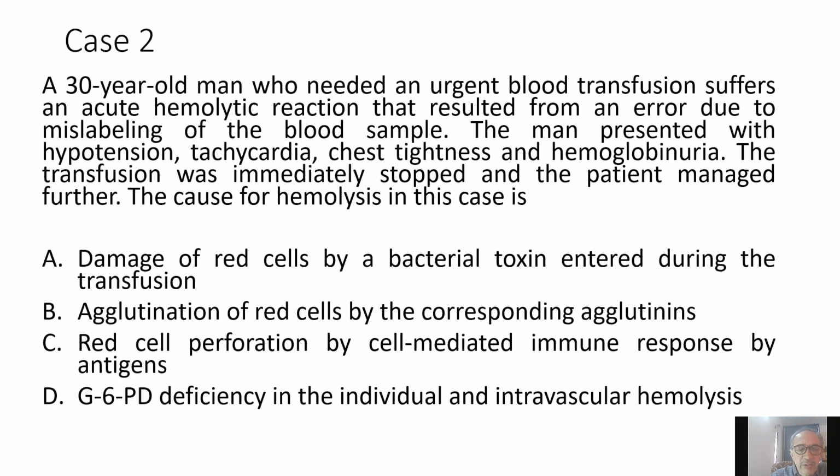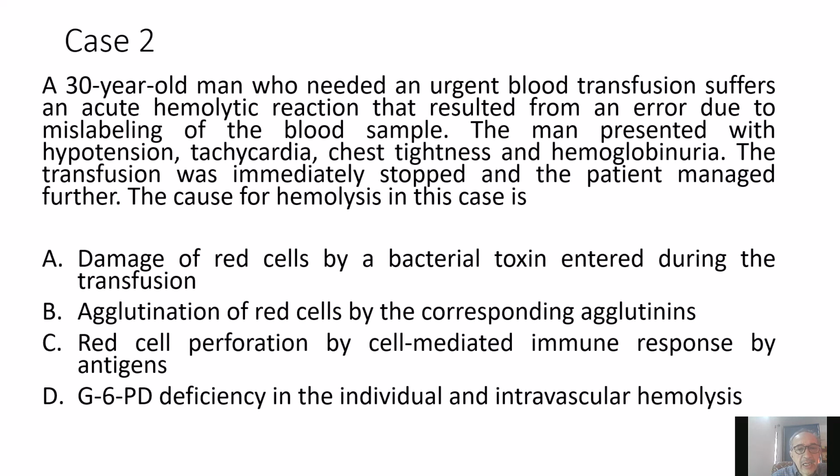If the A group individual is transfused with the B group, the anti-A agglutinins in B group in sufficient titer may cause red cell damage, but it's not the case actually.